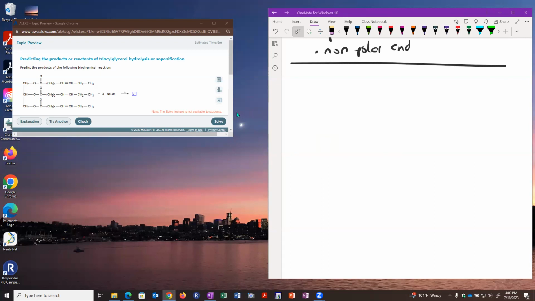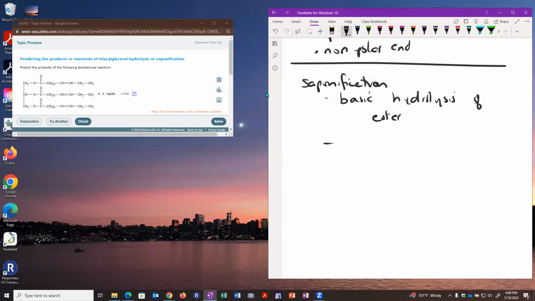So here we have a triglyceride or a triacylglycerol. And we're subjecting it to sodium hydroxide, right? So remember, sodium hydroxide is your clue that it's undergoing saponification. Okay, so saponification is just the basic hydrolysis of an ester.